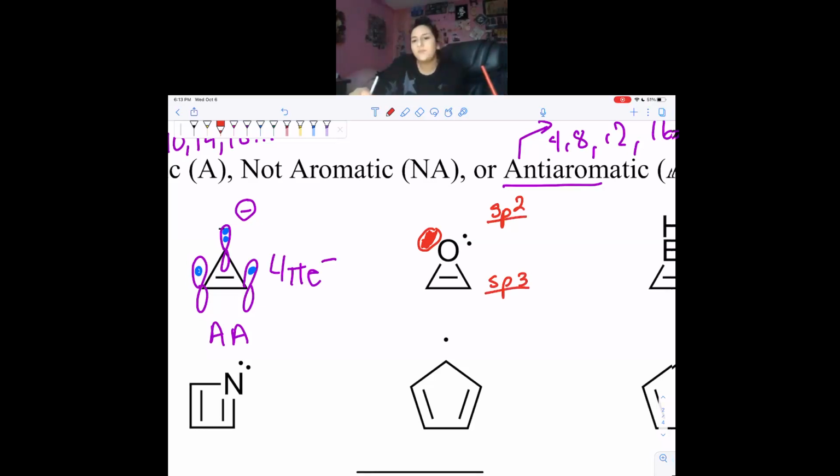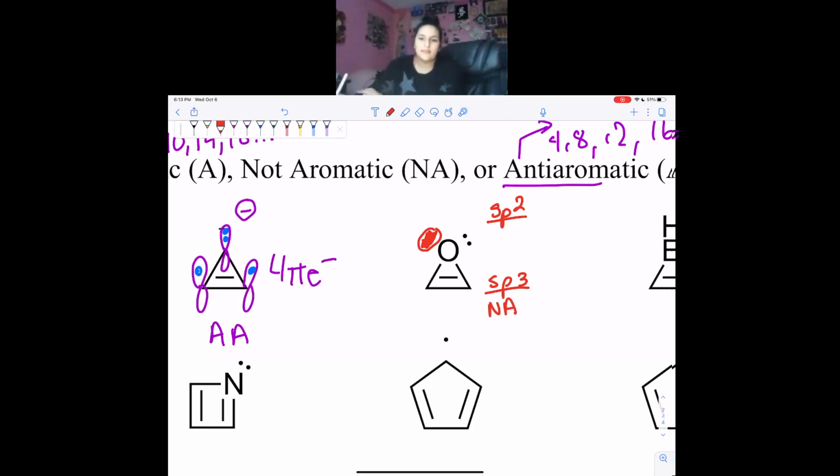So if it's sp3, it has to automatically be what? Non-aromatic. Perfect. So anytime we have sp3 as an answer, it's always going to be non-aromatic.